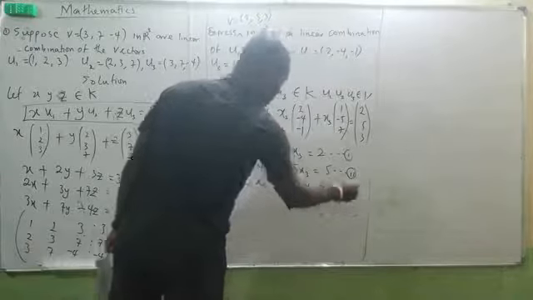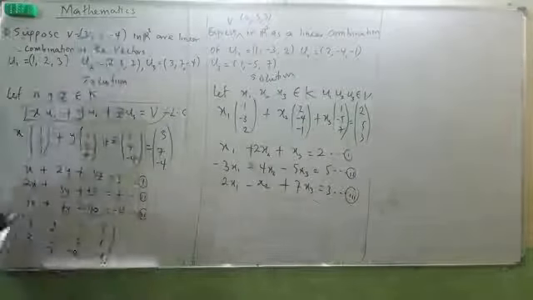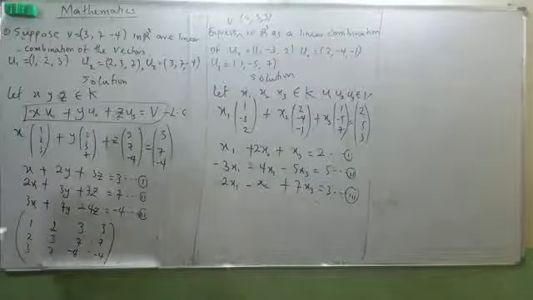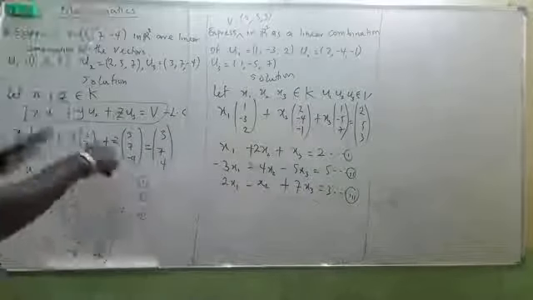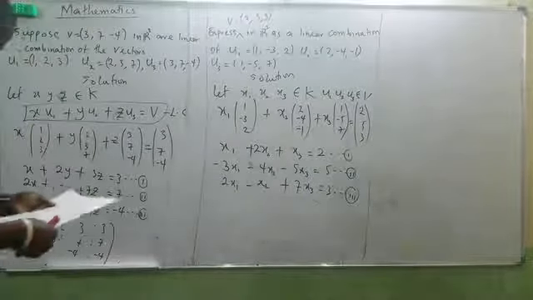Now, these are called linear combination. Can you see? That is called linear combination, and I think I'll explain that part very well.